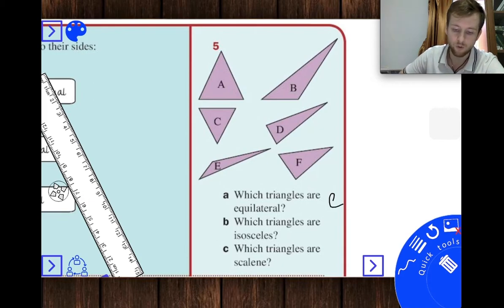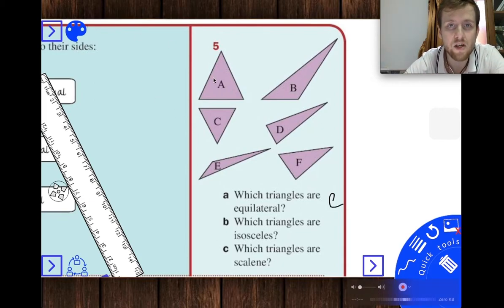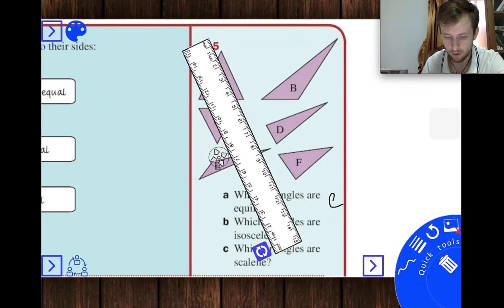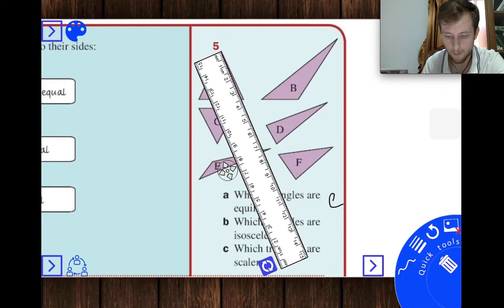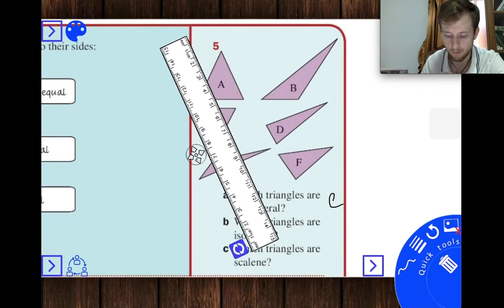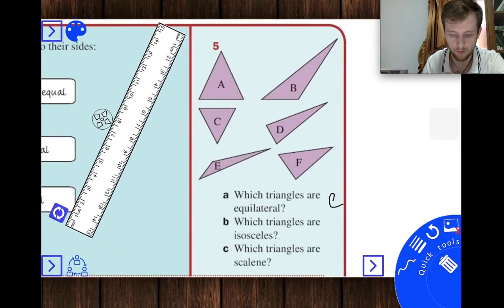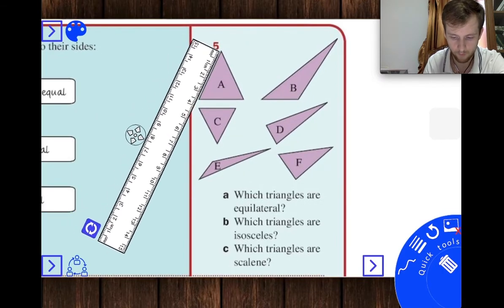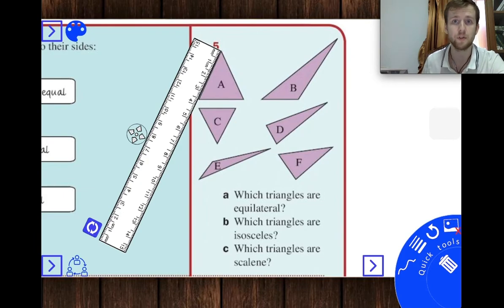Isosceles. So we have A and D here. They look like they are isosceles. F, not really. I wouldn't say so, but maybe. We can try everything. So we try A. Here we have 3.5, and then we can go to the other side like this, and this is also 3.5.